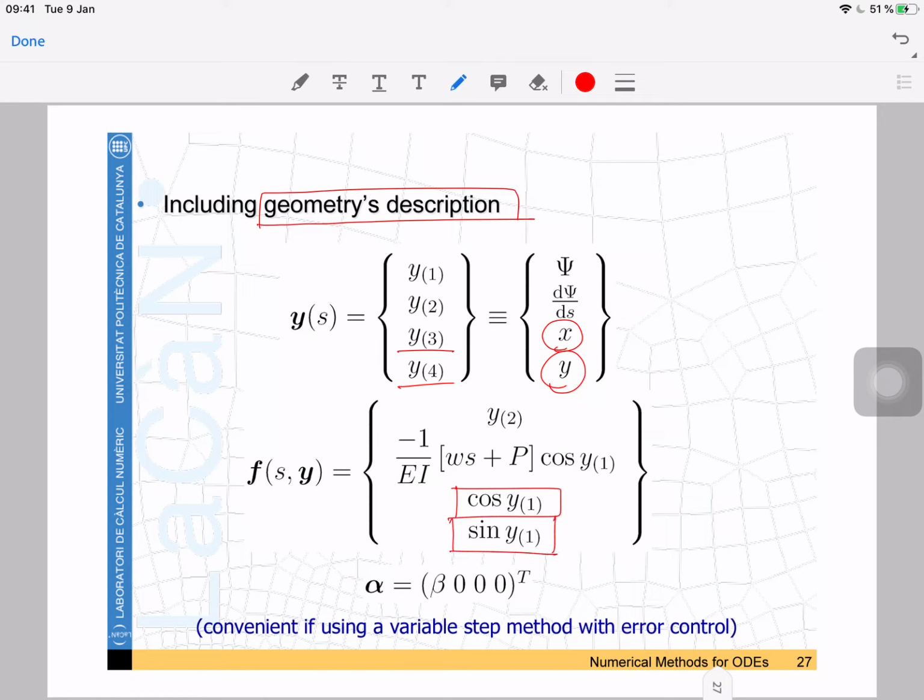Again, I discussed this in the previous slides. And we also need to include two additional initial conditions, which are both 0 for x and y. So the additional components would be the components of x and y, which describe the geometry or the deformation of the beam.